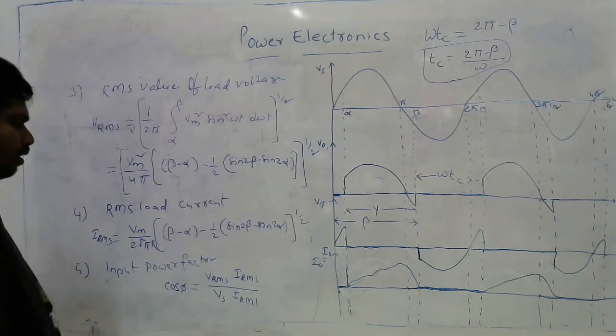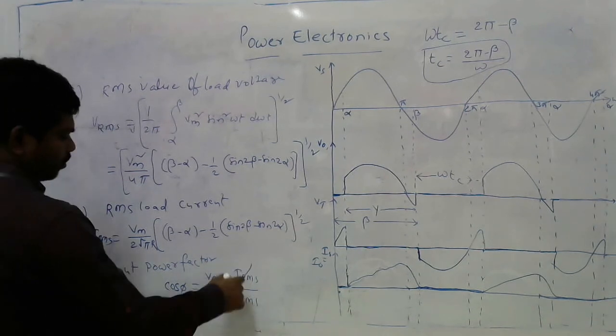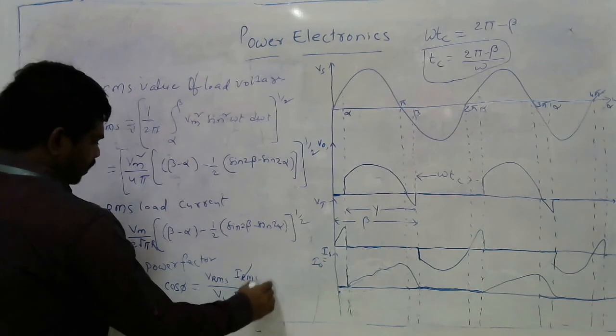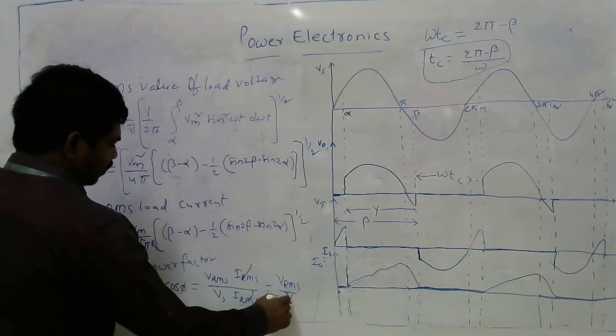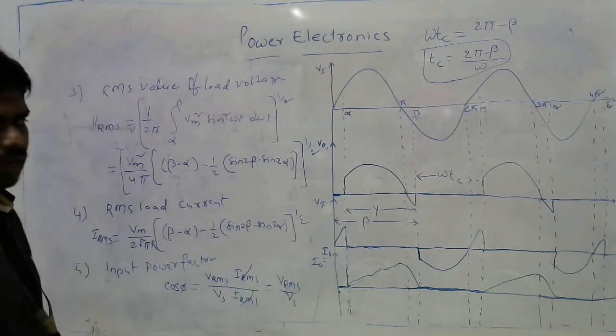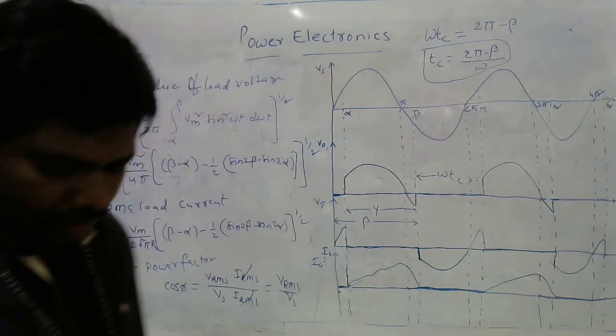Both VS and IRMS on either side are the same. So we get the same input power factor as for the R load, right? So these are the things.